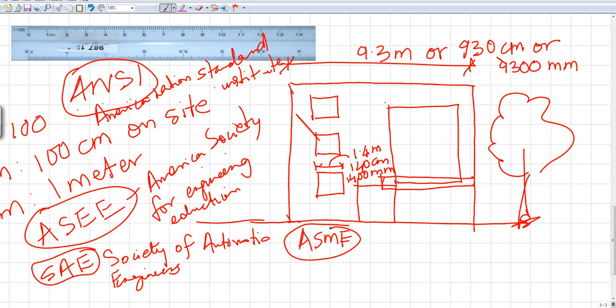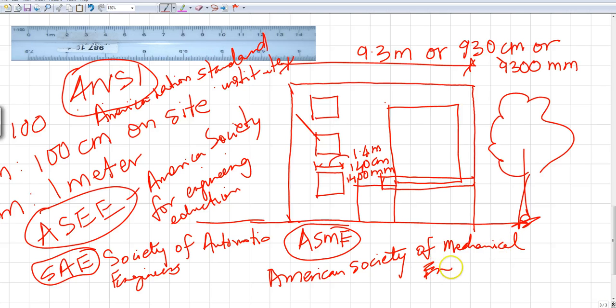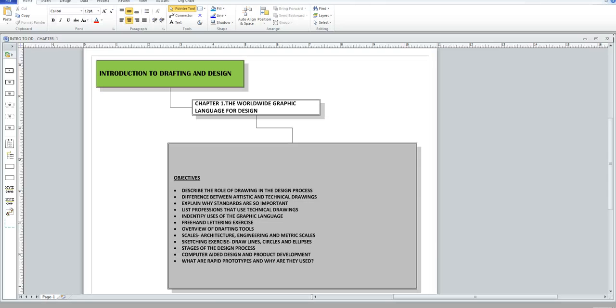And as you can see, it's American Society of Mechanical Engineers. So these are pretty much all the standards that we use over here in the US: ANSI, ASEE, SAE, and ASME. Alright, so we are pretty much done with our scales.